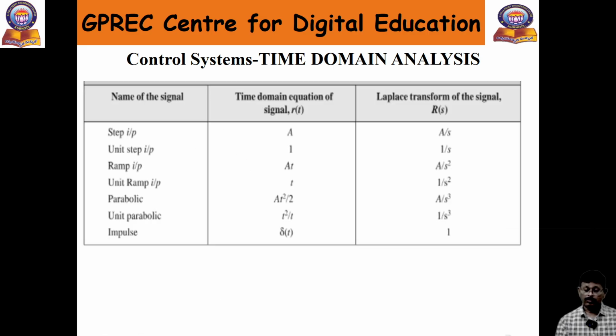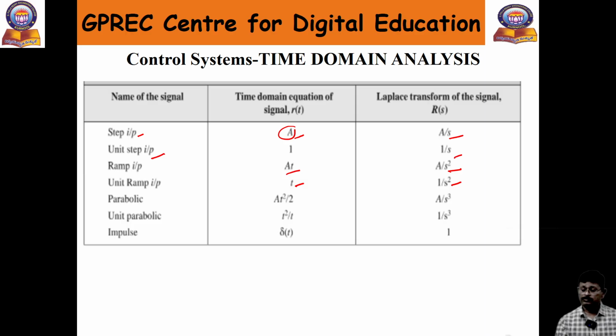Now I am giving a small comparison table for examination purposes. It is very easy to keep in mind. Okay, so step input, step means only the constant value a. So in Laplace it is a by s. Unit step input, the value is 1, so 1 by s here. Then ramp input, at, so you'll get a by s square. Unit ramp is only t, so 1 by s square.